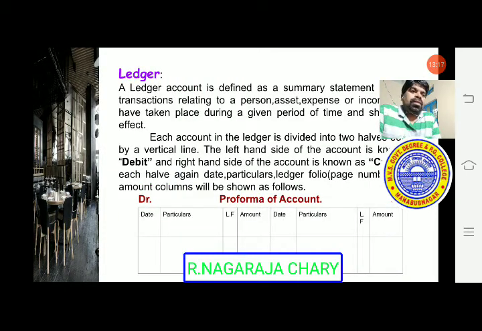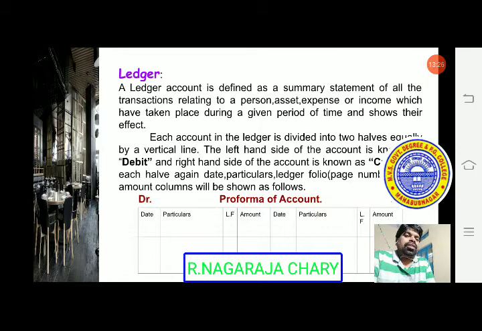Next, our topic is ledger. A ledger account is defined as a summary statement of all the transactions relating to a person, asset, expenses or income which have taken place during a given period of time, and shows their effect.